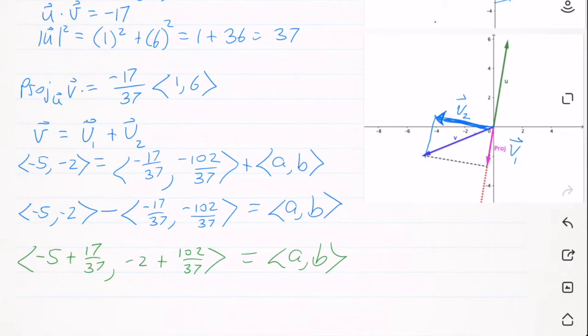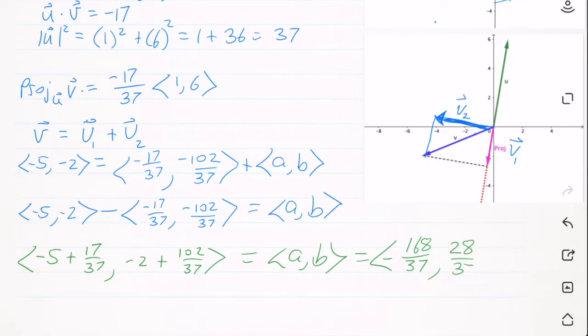So let's see here, let my calculator do the walking. Negative 5 plus 17/37ths. It's not a very pretty number. So this becomes negative 168/37 as the first component, and negative 2 plus 102/37 is 28/37.